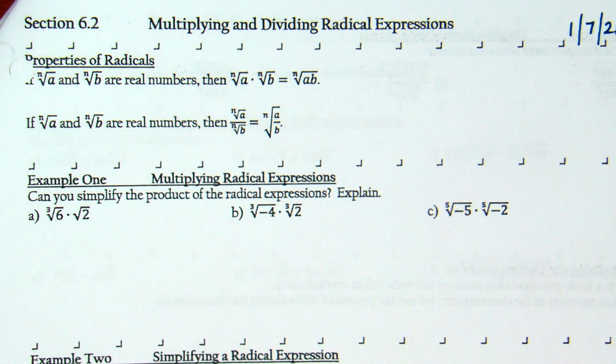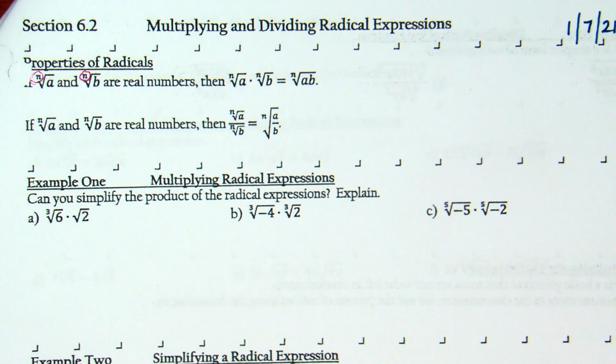Okay, we call them the index or the root. So what that's saying is, okay, if they're both 2's, you can multiply a square root times a square root. You can multiply a cube root times a cube root, a fourth root times a fourth root. What you can't do is you can't multiply a square root times a cube root. Okay, so those have to be the same.